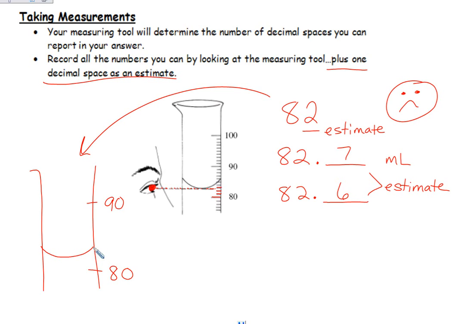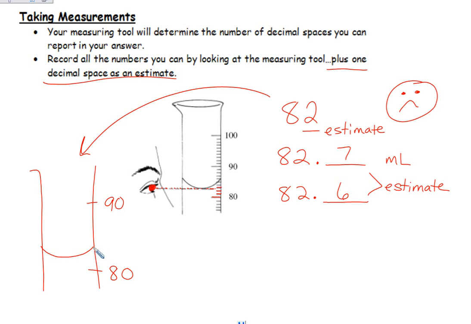Now sometimes you might think that it's right smack on the line, and then you can say, oh fine, I think it's 82.0. But somebody else might say, maybe that's like 82.1. You should always have an estimate. It'll be 1 spot beyond the markings of your graduated cylinder or your ruler.